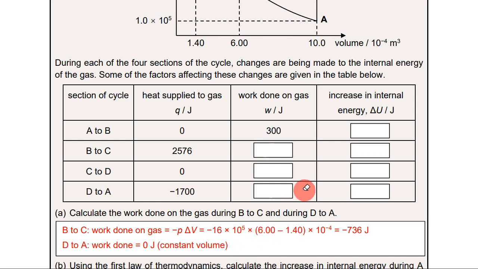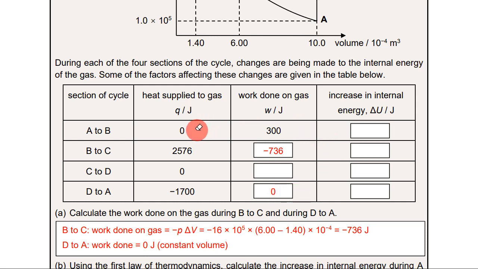So now we can fill up the boxes here for the work done. During B to C, the work done on the gas is negative 736 joules. And the work done from D to A is 0.